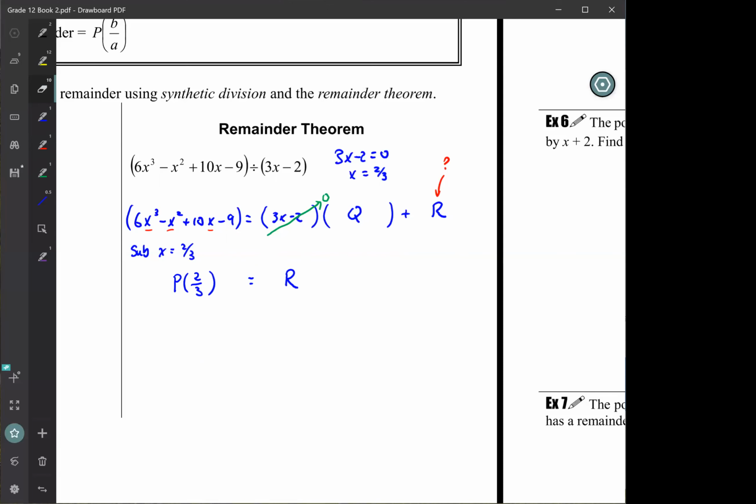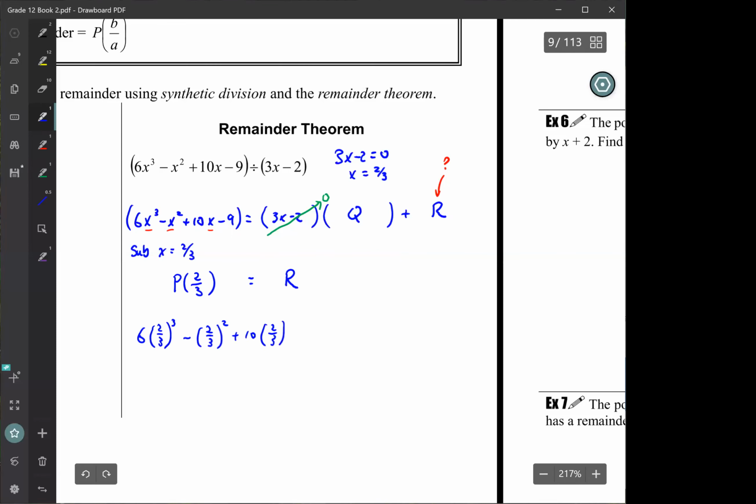If you want to find the remainder, you just substitute whatever number can make divisor equal to 0 into the dividend. So the left side will be 6x cubed minus x squared, right? Instead of x, we have 2/3, plus 10x minus 9. Okay, that's the left side, which should give you the remainder.